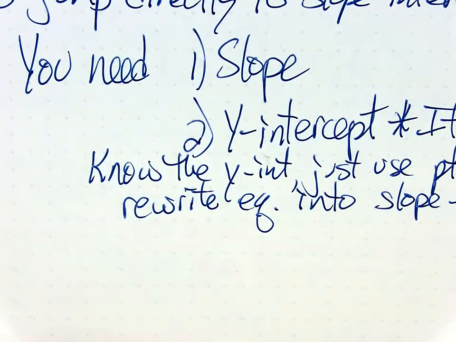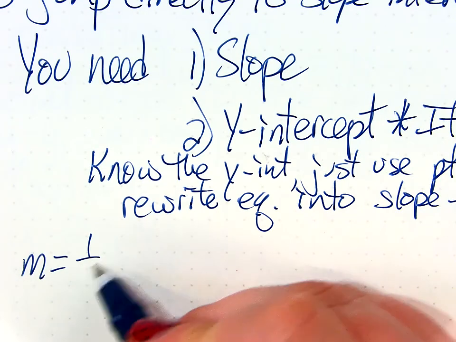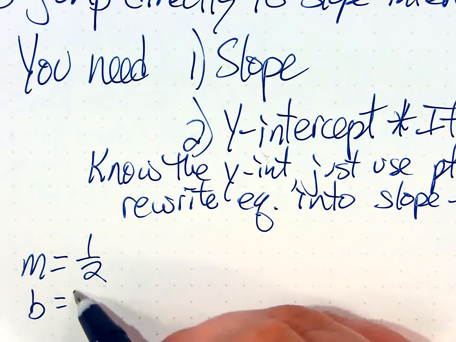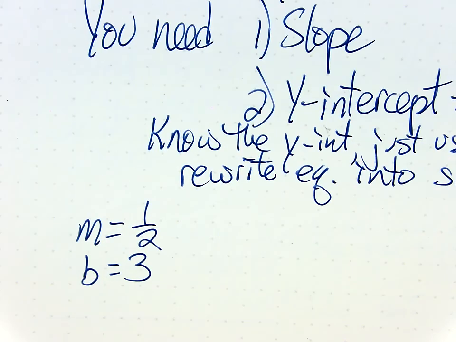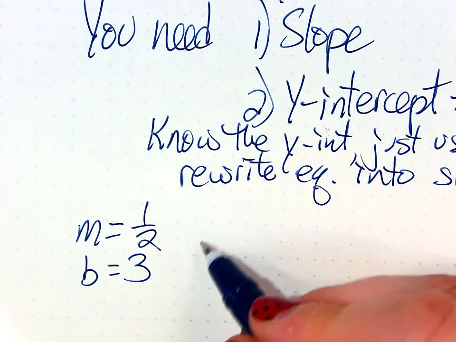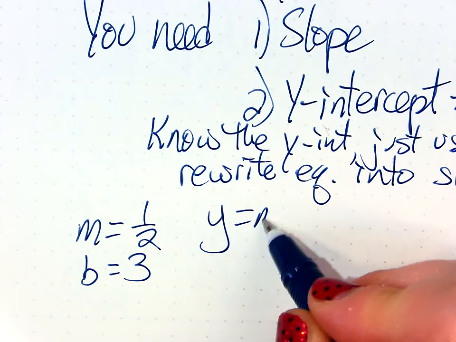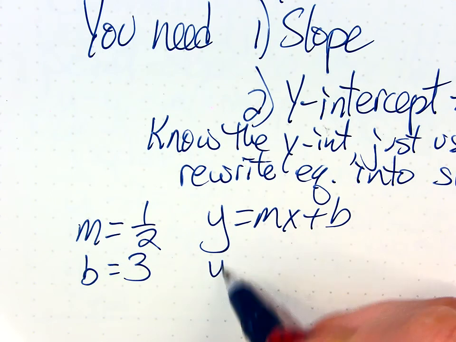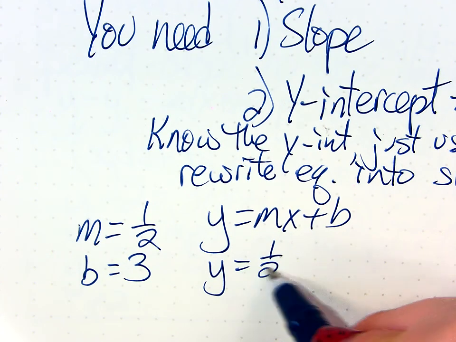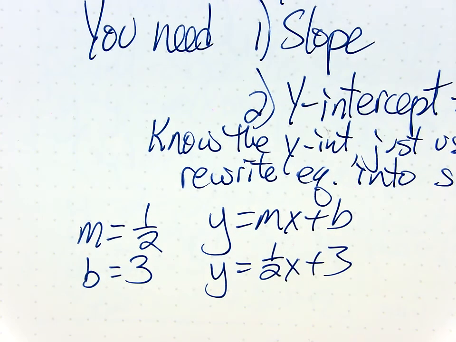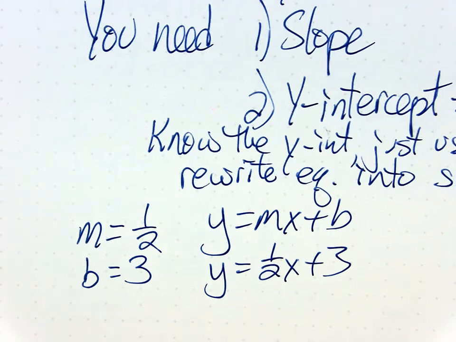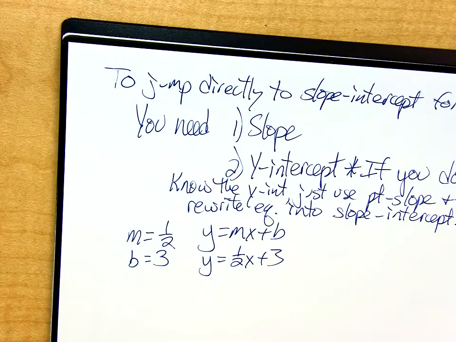Our slope was 1/2. And then we found out that b was 3. So I just go to y equals mx plus b and plug the pieces in. So it's y equals 1/2 x plus 3. Done. Oh, that's so nice and easy.